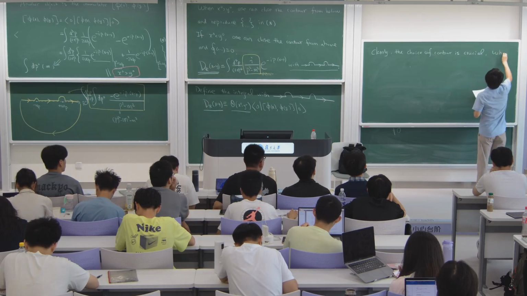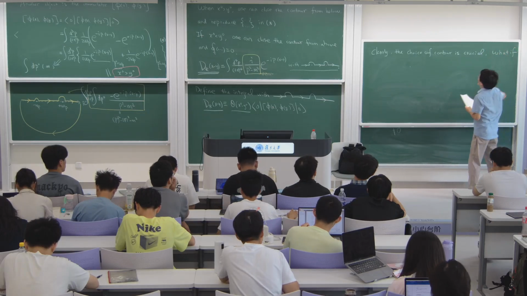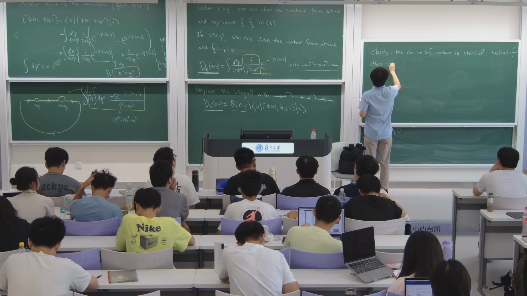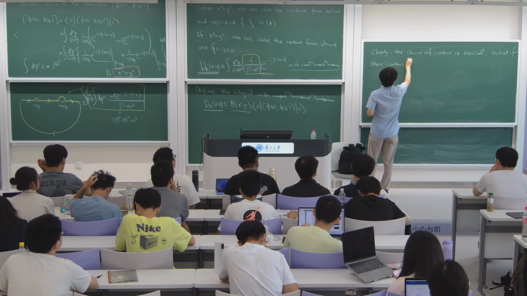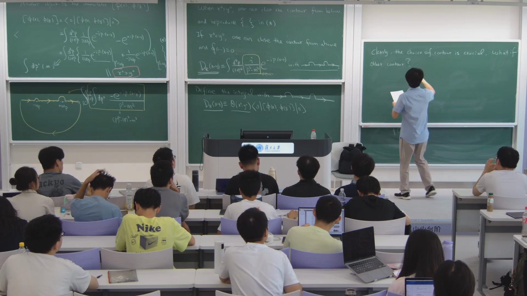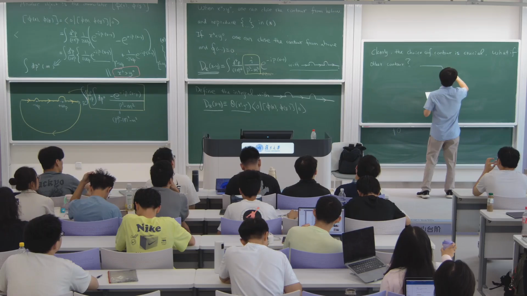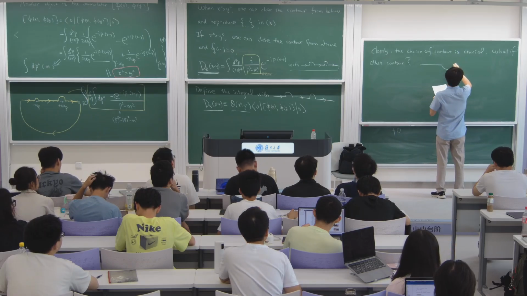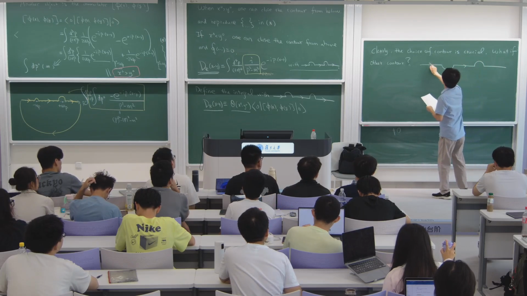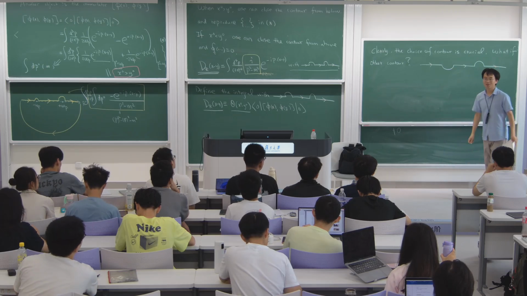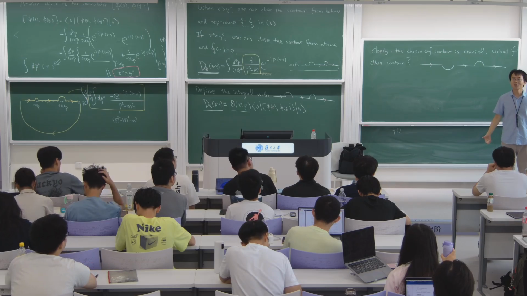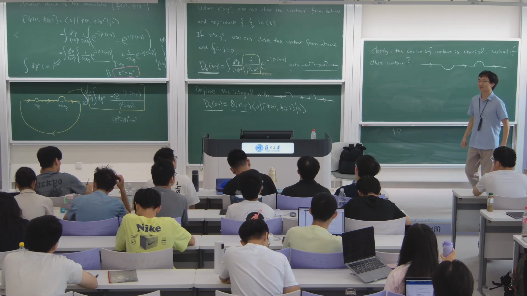What about other contours? I don't want to choose this one. For example, I can choose this one. I can first go from below, avoiding a pole, and then from above. What about this? This is my choice. You should allow me to do whatever I like.